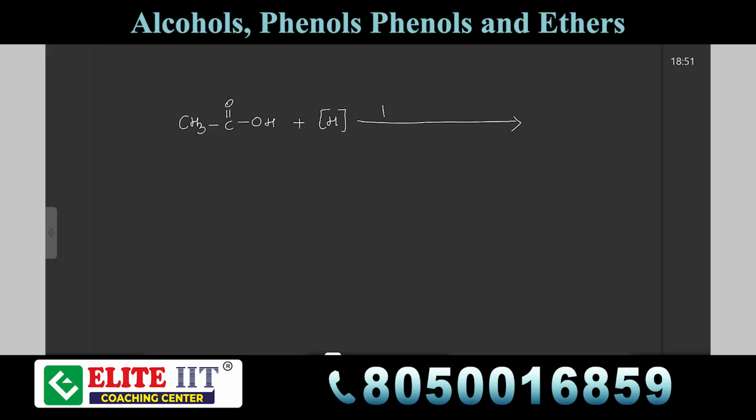You can use lithium aluminum hydride, or you can even use B2H6 in presence of ether, followed by hydrolysis. So that I'll get alcohol, CH3, CH2, OH, eliminating a molecule of water.